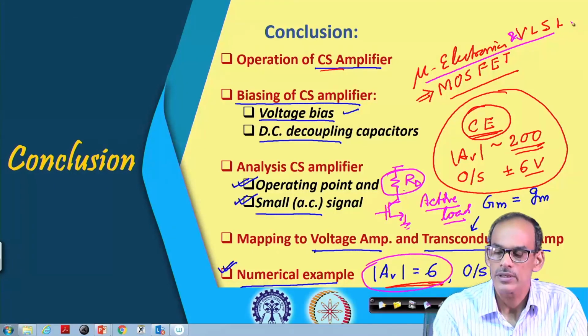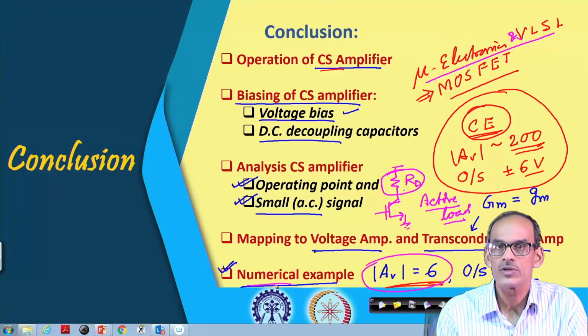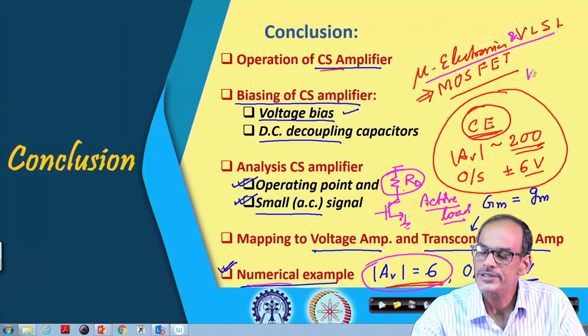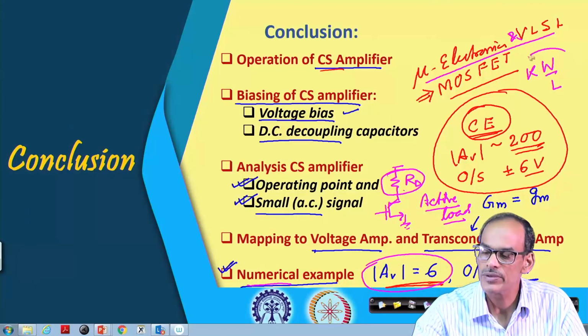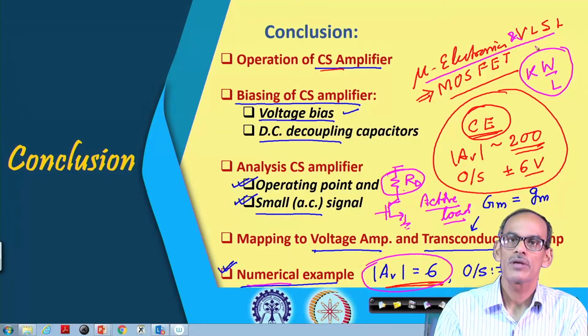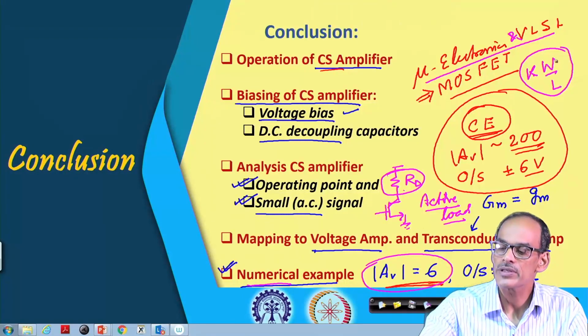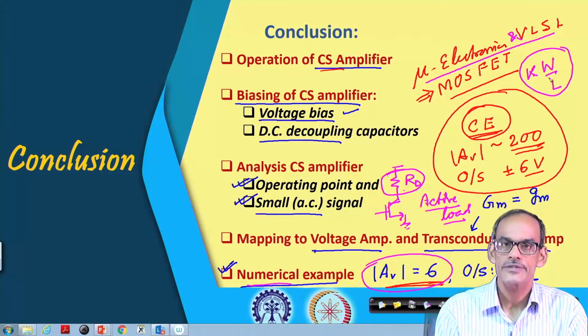The other information I would like to capture here, particularly in the context of microelectronics and VLSI design, is that in today's numerical example we have considered that K into W by L is given to us. This is the case whenever we are doing board level design. We assume that not only this parameter, but also the aspect ratio of the channel of the device is given to us.